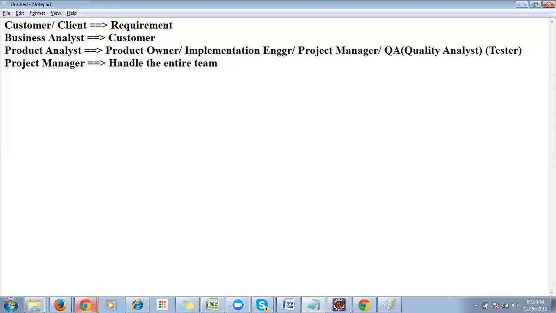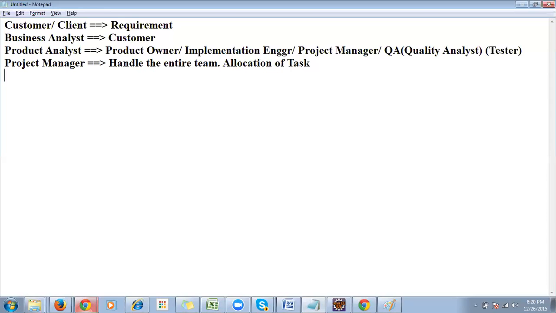For example, there are 5 developers and 2 QA engineers. He will say this requirement can be done by this developer, and this requirement by that developer. So he is the one who will allocate the tasks. Allocation of tasks is done by the project manager.